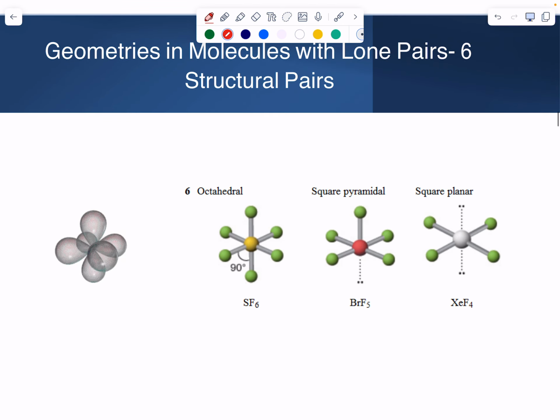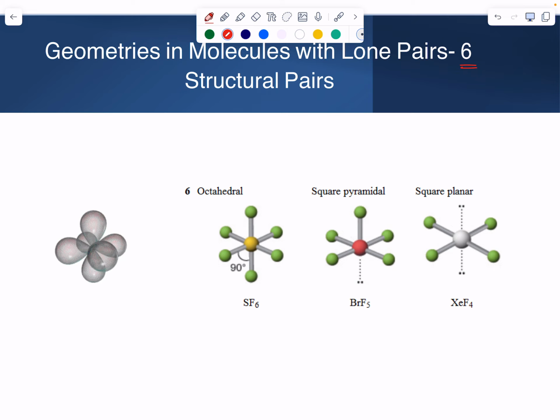All right, so getting to our biggest structure in VSEPR theory, that's the octahedral geometry. So that's when you have 6 structural pairs, okay, so 6 things attached to your central atom.